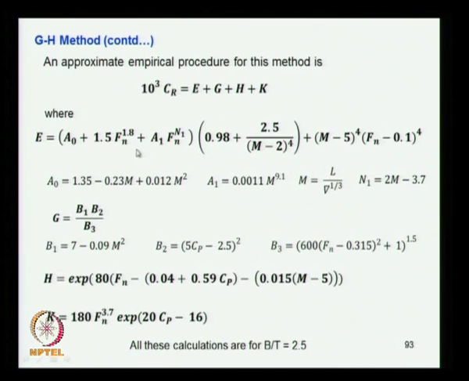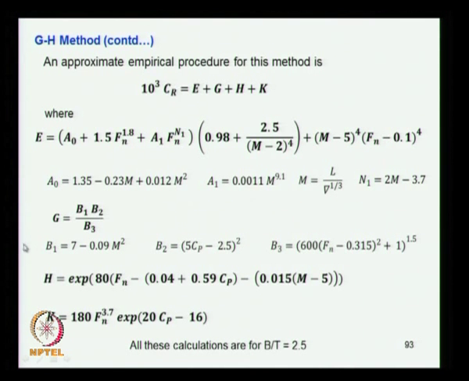So you have these values, all the values are known from here, and then substitute it here, you get E. Then G, the second term here, is given by B1 into B2 by B3. The terms are explained here: B1 depending on M, B2 depending on Cp, the prismatic coefficient, and B3 depending on the Froude number.